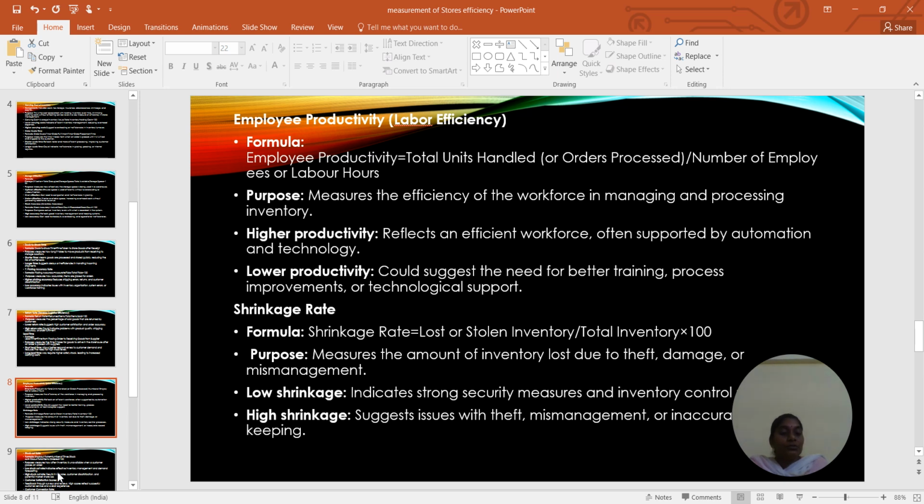In that case, theft, damage, and mismanagement will occur in those stores, so we have to measure the amount of inventory lost. A low shrinkage rate indicates strong security measures and inventory controls, and a higher shrinkage rate suggests issues of theft, mismanagement, and inaccuracy of stock keeping. The formula for the shrinkage rate is lost or stolen inventory divided by total inventory, times 100.